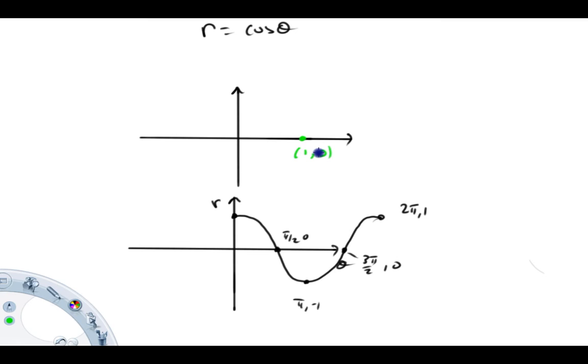Now, going back to my Cartesian graph, as our angle goes to pi over 2, the radius decreases. So as we follow along this curve, r gets smaller and smaller, and we're looking at these vertical distances, and it goes to 0.